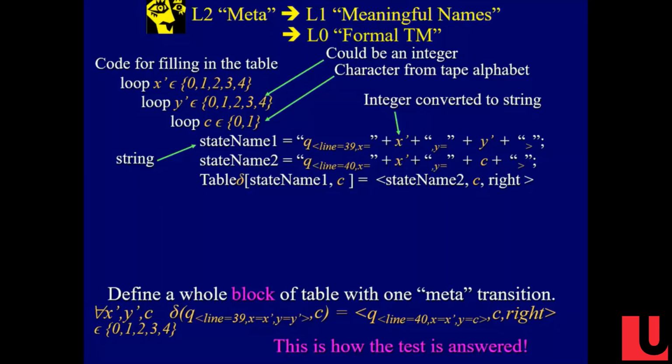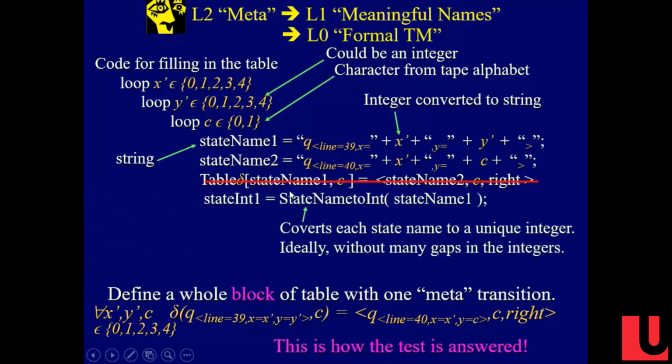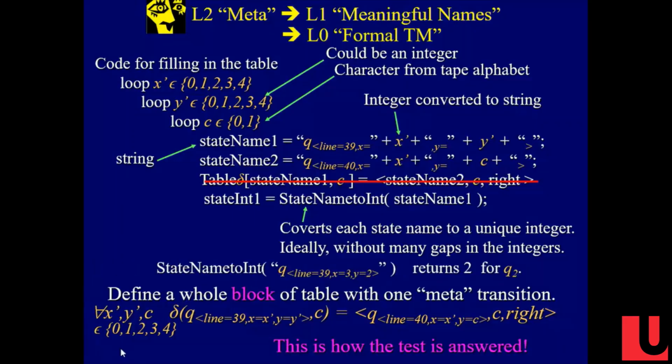So now we're going to convert that. We're going to get rid of that because I didn't know how to have a table indexed by strings. So instead, we're going to have some sort of hash thing that takes our state names and hashes them to unique integers, and ideally there are no gaps, so that we have states 1, 2, 3, 4.